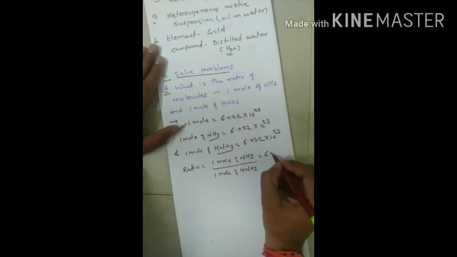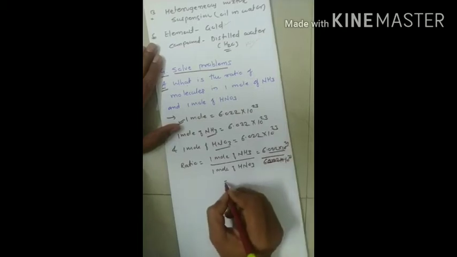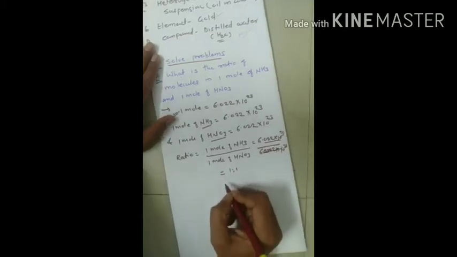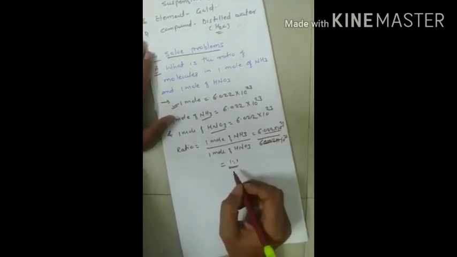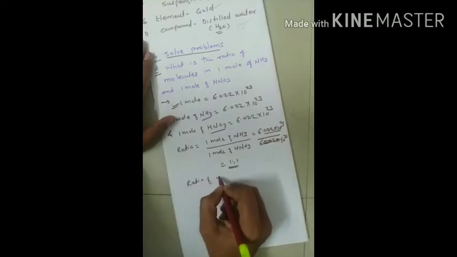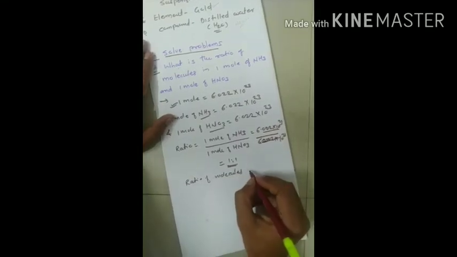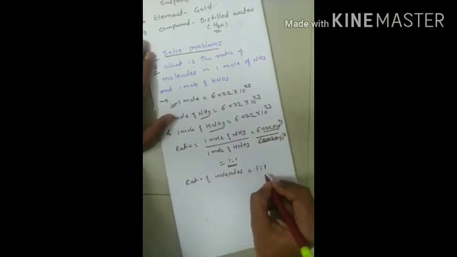And this is 6.022 into 10 raised to 23, and this is also 6.022 into 10 raised to 23. When I divide this, I will get the ratio as 1:1, and this is your answer. The ratio of the molecules of NH3 and HNO3 is found to be 1:1.